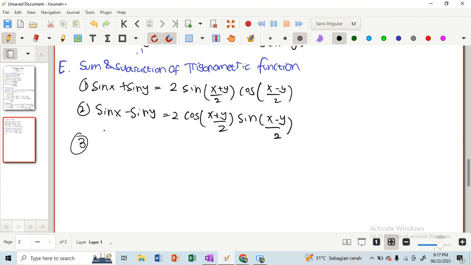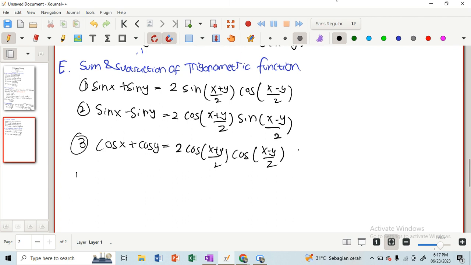What if the cosine? What is the expanding term for cosine? So if we have cosine of x plus cosine of y, you would get 2 cosine of x plus y divided by 2 times cosine of x minus y divided by 2.